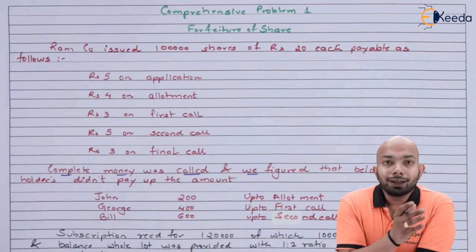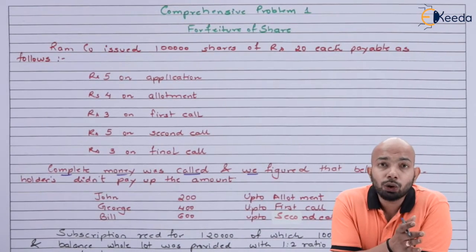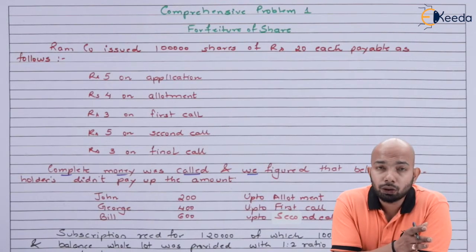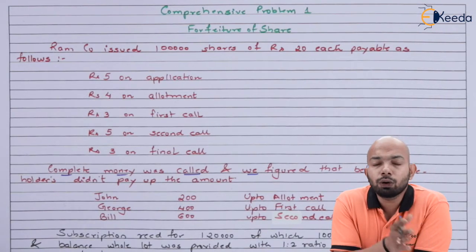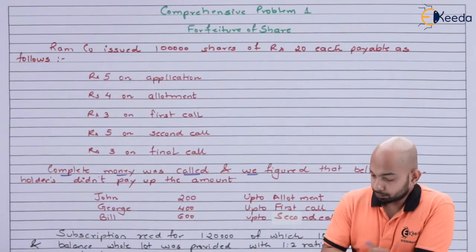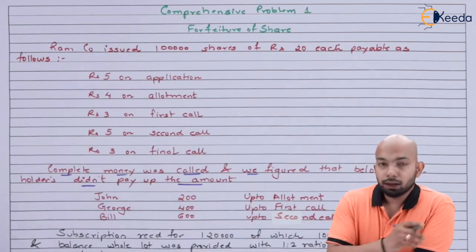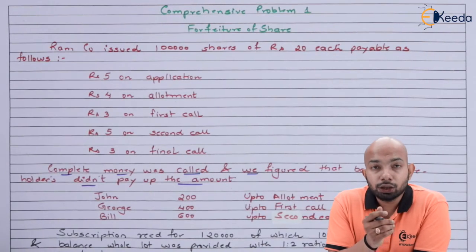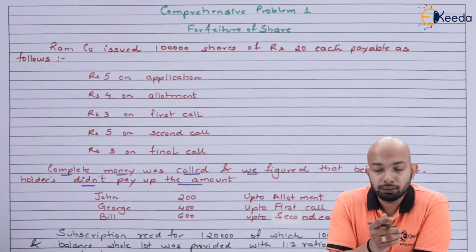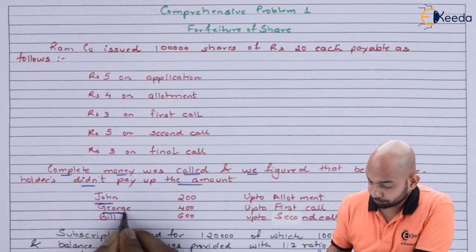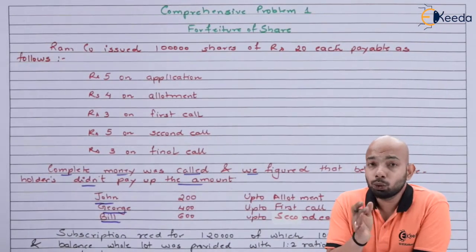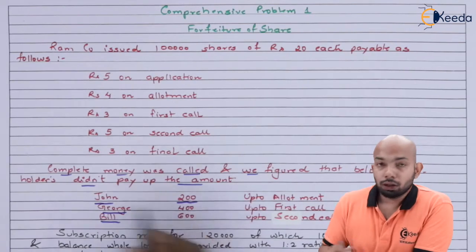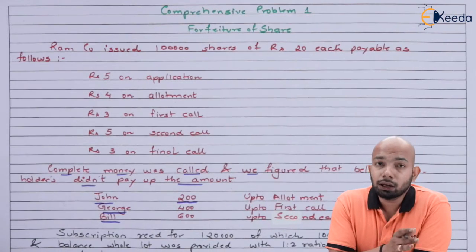Let's read it out. They've mentioned that the complete amount was called. That means the whole 20 rupees was called when the final call was made. And they figured out 3 people mentioned below, that is John, George and Bill. John had 200 shares and paid only up till allotment money.